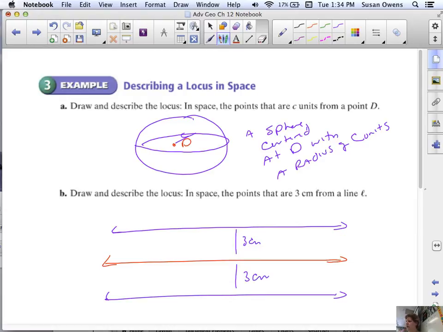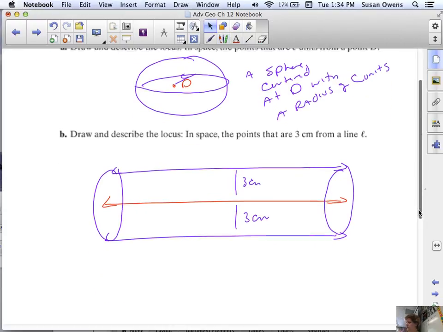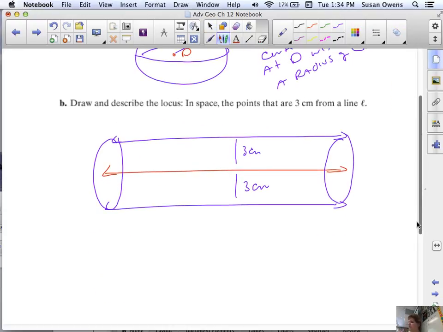But we also have lines that would be above the page, below the page, 3 centimeters off to the side. So what we're going to end up getting is something that looks like a cylinder. But the thing about this cylinder is it has no bases. It's endless. So it's going to go on forever and ever. So for this one, I'm going to call this an endless cylinder.